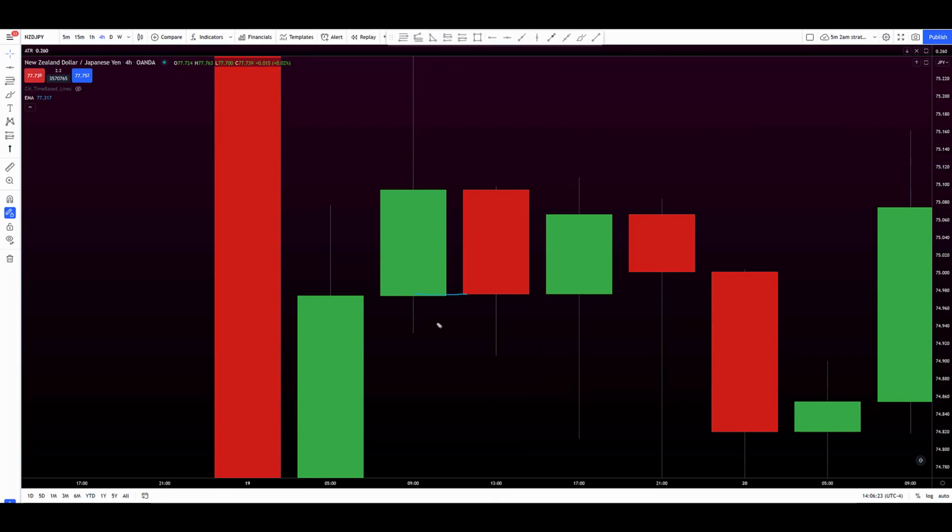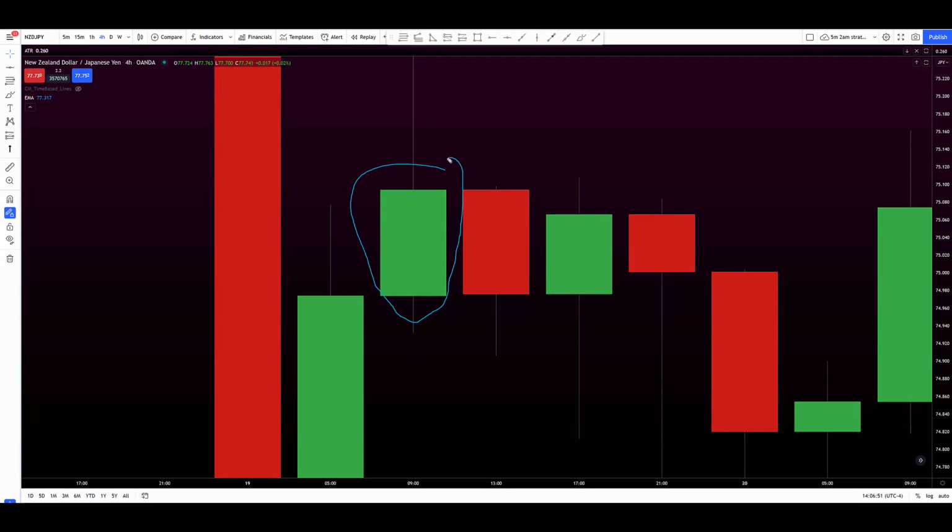If you can't tell by looking at it, look at the closing price of this candle, which you can see up here. This is the open, high, low, and close. O is open, high is H, low is L, and close is C. Look at the open of this candle.